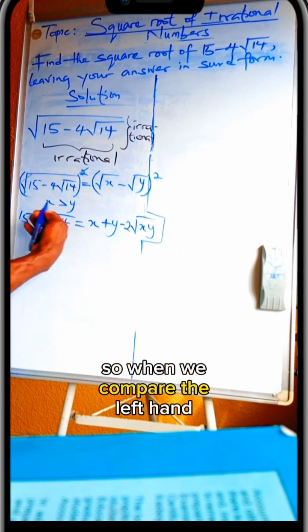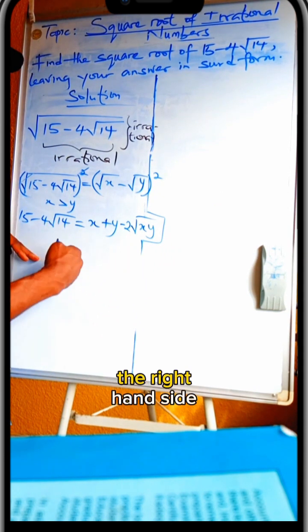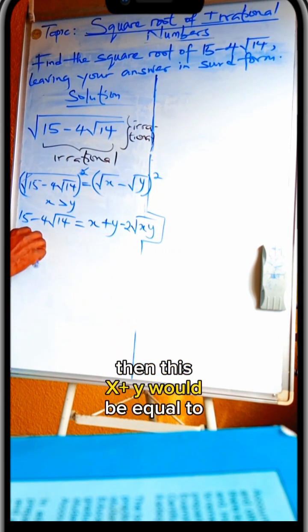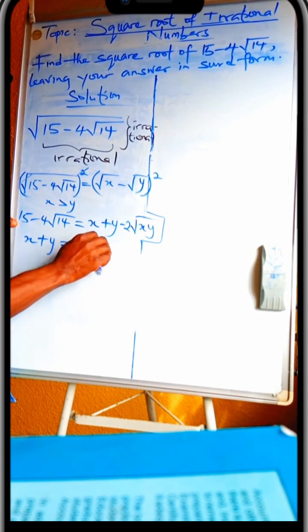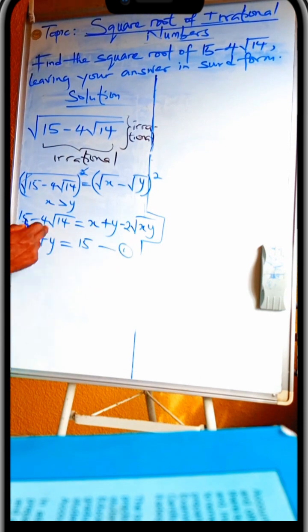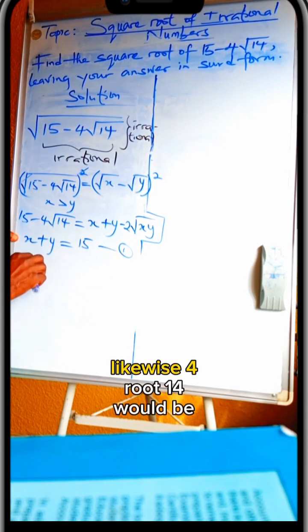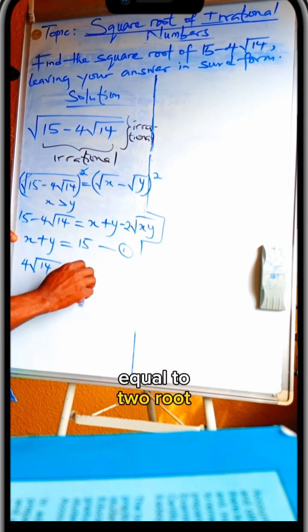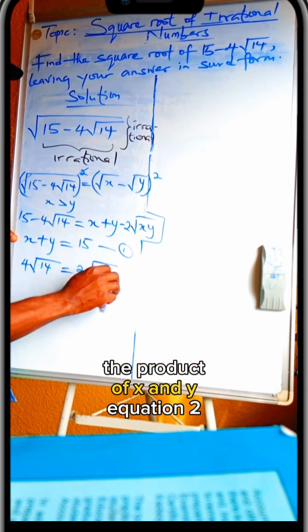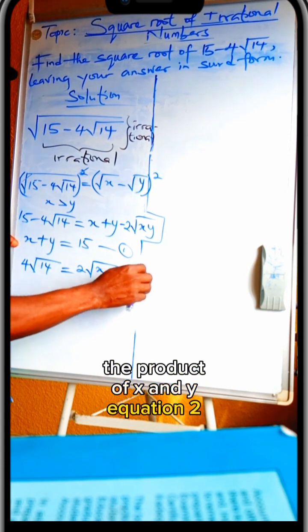So when we compare the left hand side to the right hand side, then this x plus y would be equal to 15, and this is equation 1. Likewise, 4 root 14 would be equal to 2 root the product of x and y, equation 2.